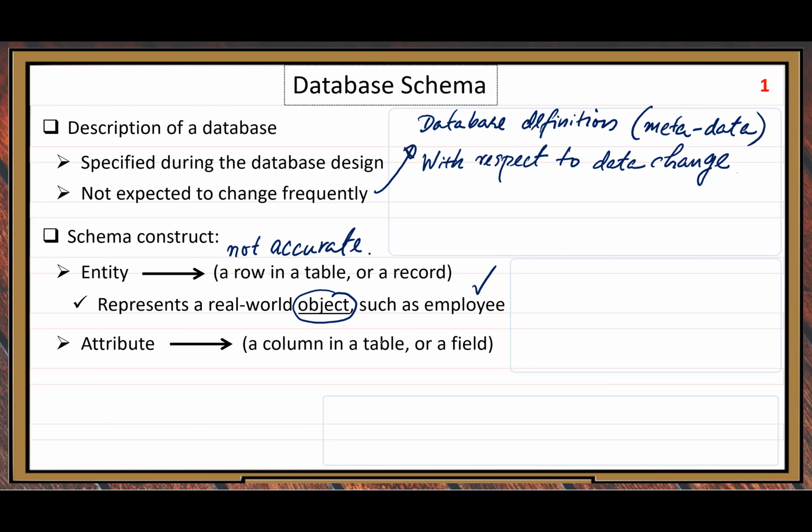Things like entity and attribute are formal names from academic research. We know SQL, this database query language, was created in academia first, as a research project.